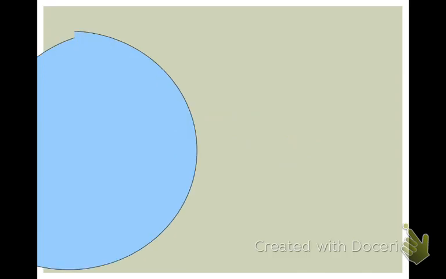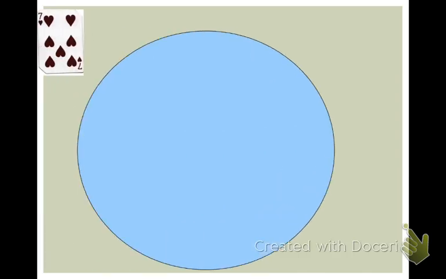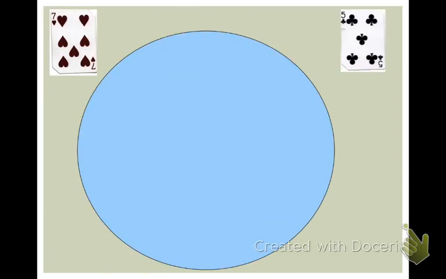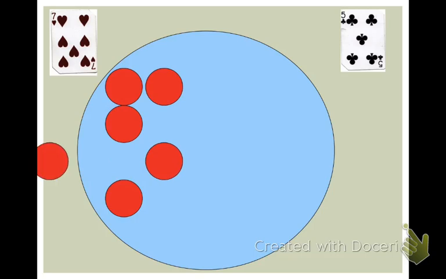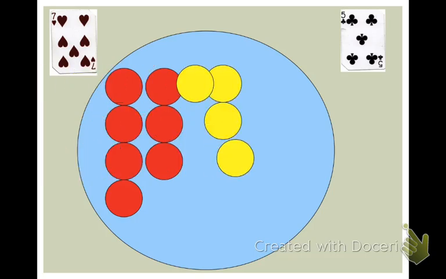All right, now the only other situation we might have is when we have a positive and a negative being added together. So here I have negative 7 and positive 5. I'll represent negative 7 with my 7 red chips, and I'll represent positive 5 with 5 yellow chips. Now we would go through and say, hey, we have some 0 pairs here.